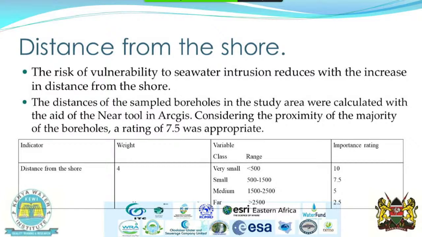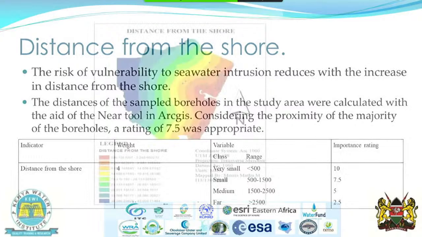It was assigned an importance rating of 5. Then we have the distance from the shore. Most of the boreholes in Bahari are within 500 meters to 1.5 kilometers from the shore. Therefore, they were assigned an importance rating of 7.5.